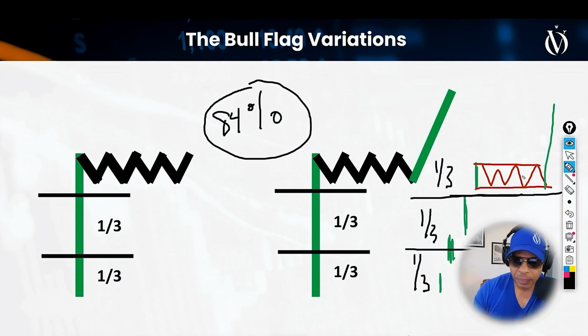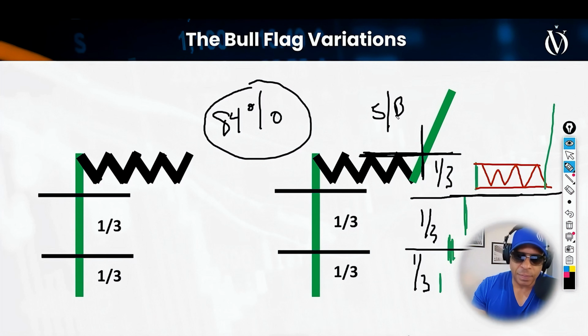Okay. Now, where do you strike with this? Well, my traders are taught to strike on what we call the clearing event. And the clearing event would be a surge that rocks above the last 5 bars.